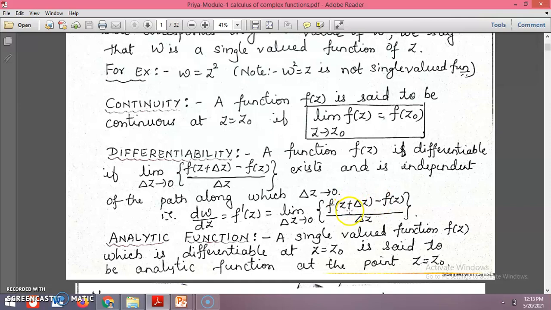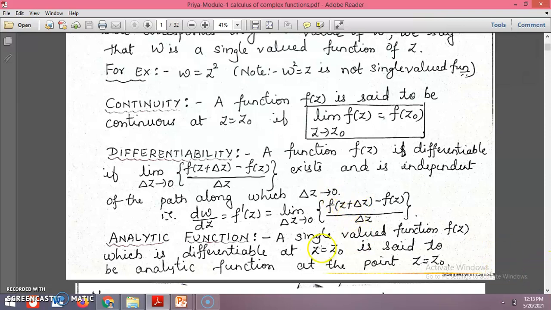In real analysis, it is the limit of f of x plus h minus f of x divided by h, as h approaches 0 or delta x approaches 0. That is in real analysis. But in complex analysis, the only variable is the complex variable. That's why we take z here.